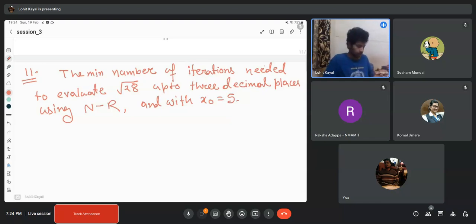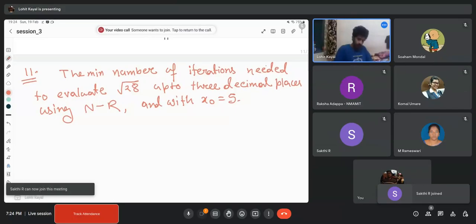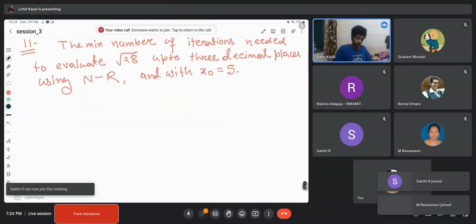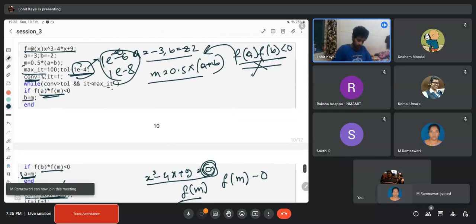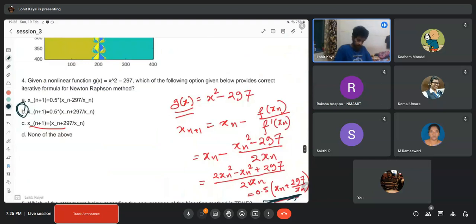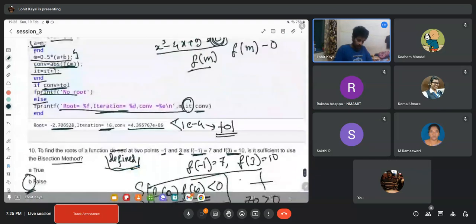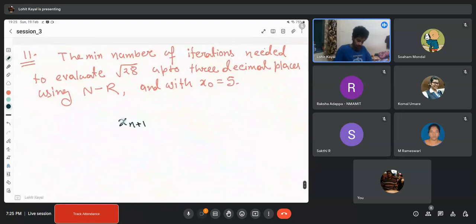So the answer is very straightforward. We already know the formula for it. The formula is xn plus 1. The question is exactly similar to this. How? So here I need to find the root of 28. So what will be my desired function? Well, my function will be x square minus 28.